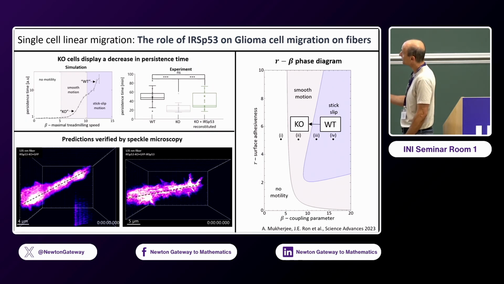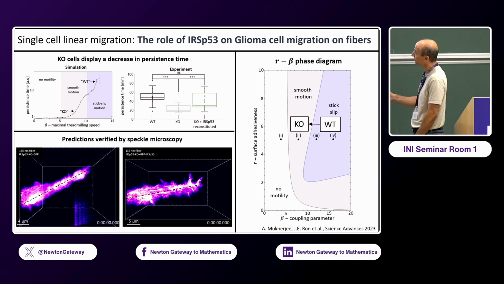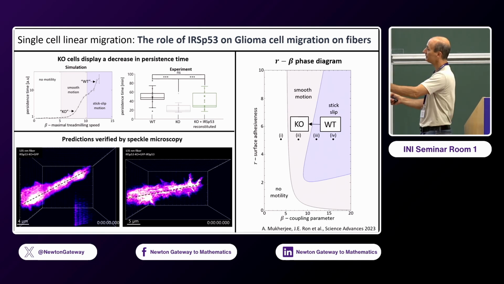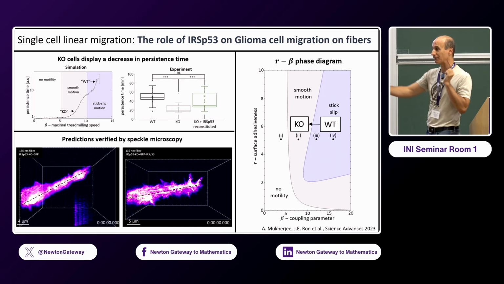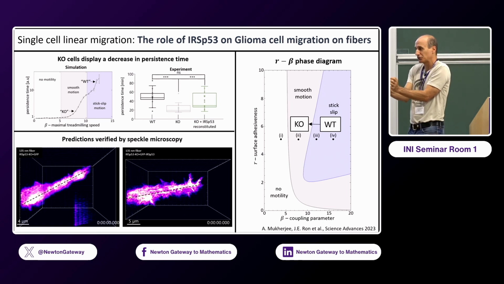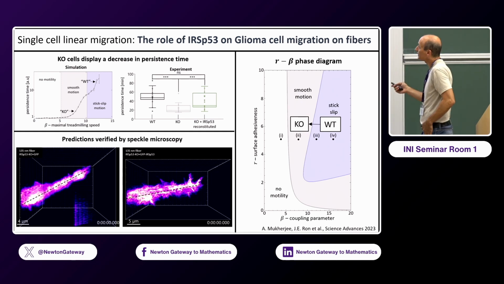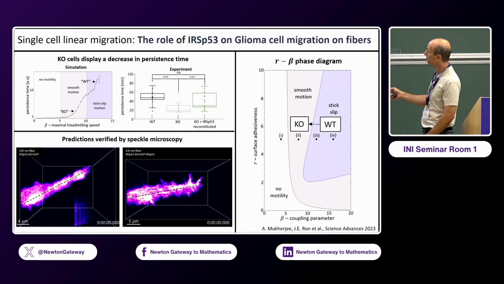Furthermore, you can also look at the persistence time. How persistent is the cell to continue along this direction or to change direction? And intuitively, you think that the stick slip motion could be the less persistent, because after each slip event, you become very short and maybe you lose your polarity. But it turns out that under these conditions, the model predicted that actually the stick slip is still more persistent and faster than the smooth motion of the knockout, and that was actually also observed in the experiments.